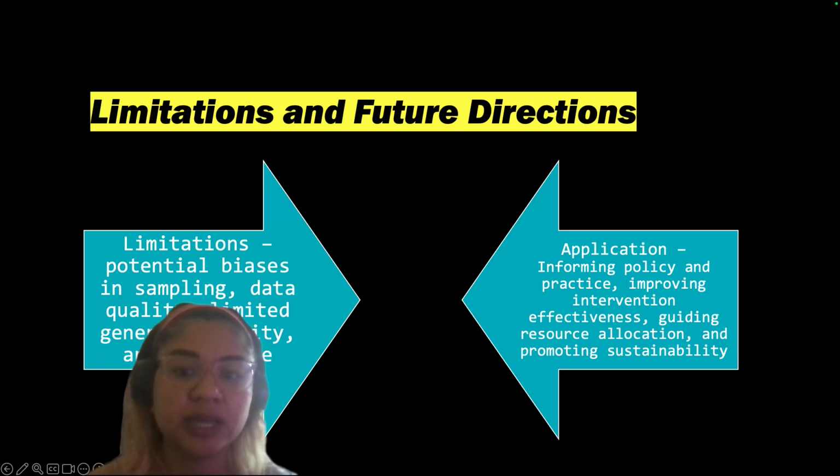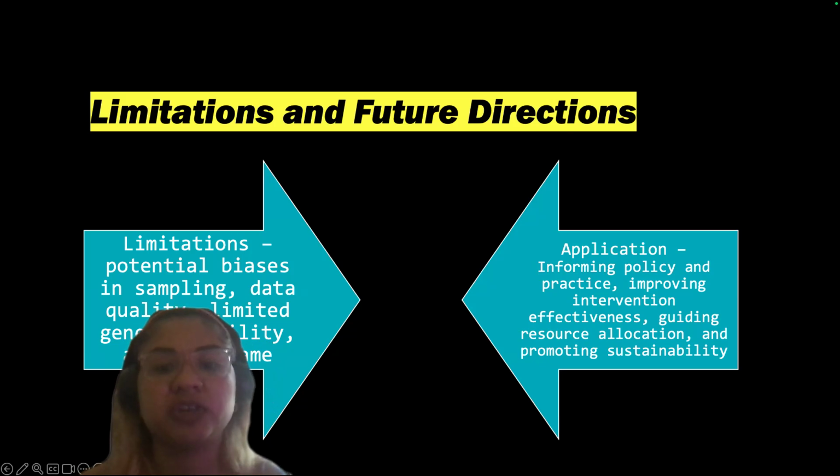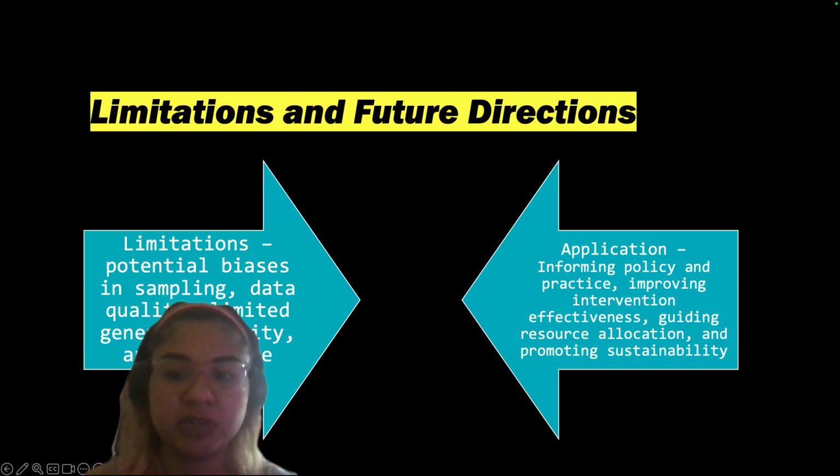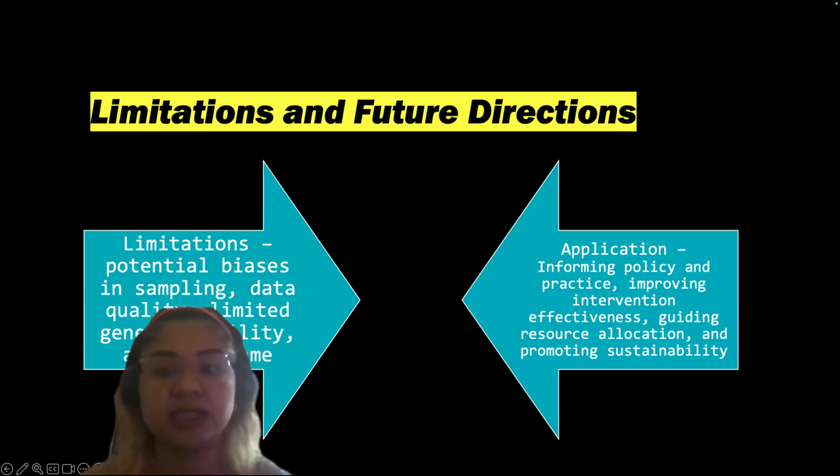Data quality, the accuracy and completeness of administrative records and survey data may be limited, which could impact the validity of the findings. And generalizability, the findings may not be generalizable as the intervention's effectiveness may be influenced by local contextual factors. And the time may be limited, which could also impact the ability to capture long-term outcomes and the sustainability of the intervention.